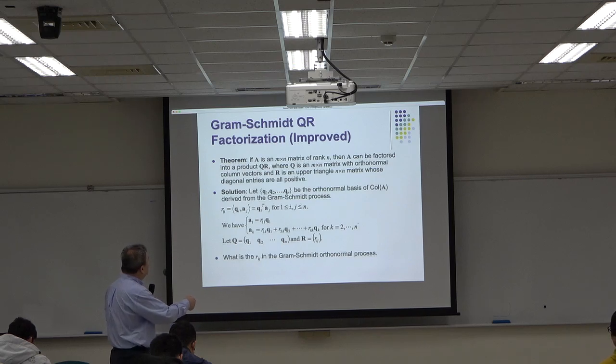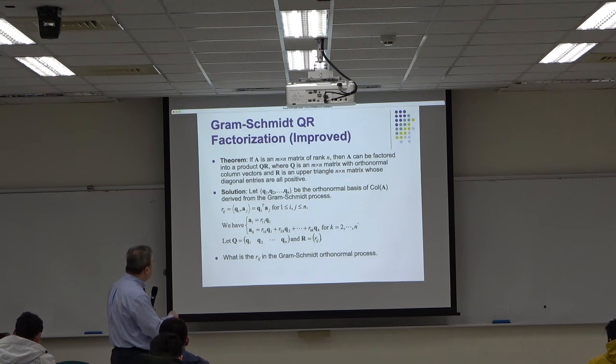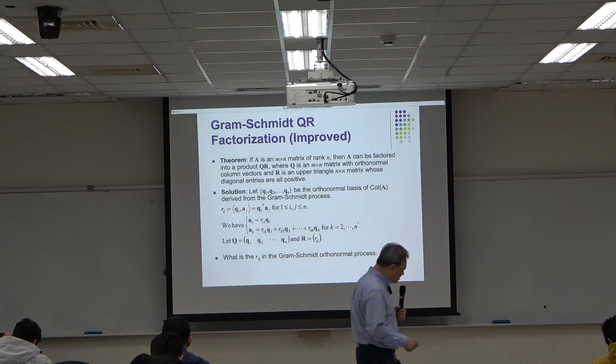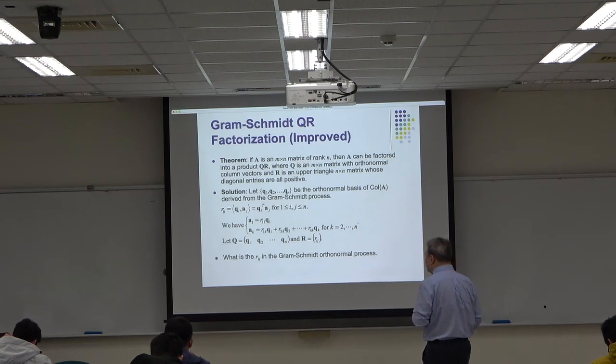If A is an n times n matrix of rank n, then A can be factored into the product QR, where Q is an n times n matrix with orthonormal column vectors, and R is an upper triangular n times n matrix whose diagonal entries are all positive. So, what exactly are we talking about?